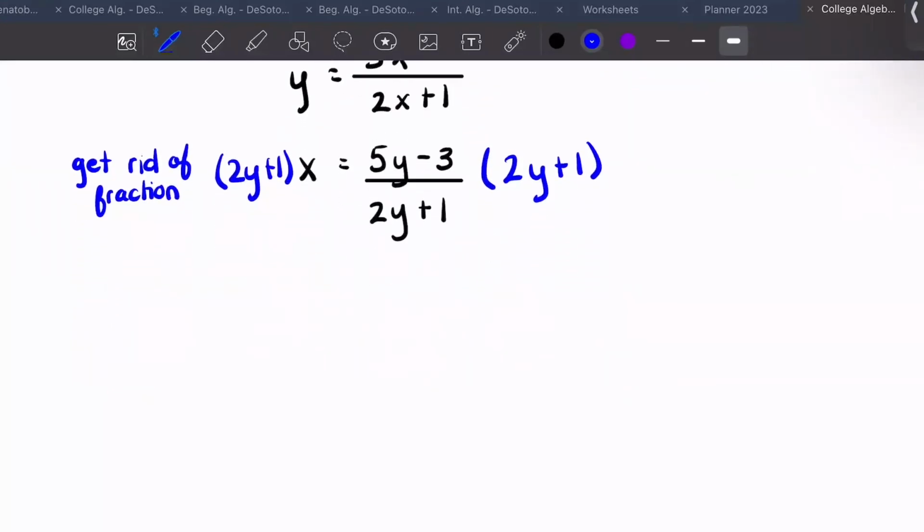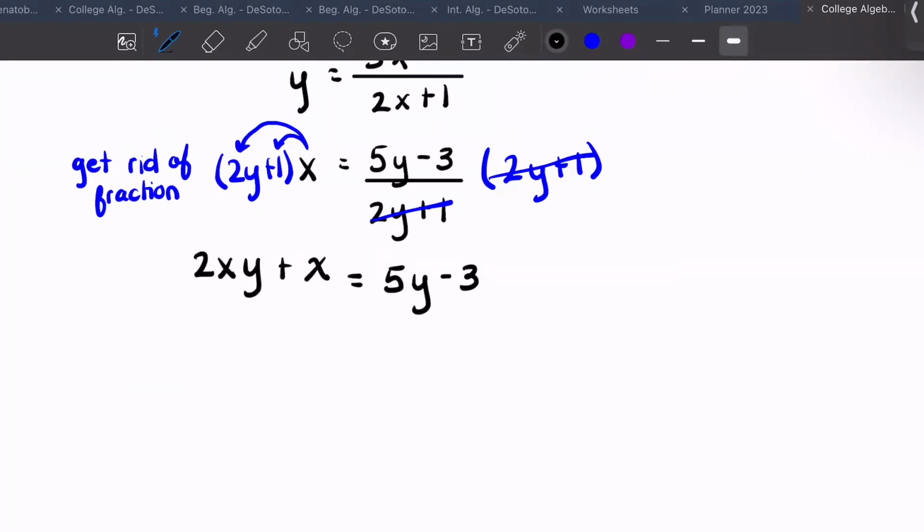And when you do that, these divide to 1. So you just have 5y minus 3 on this side. And then you're going to distribute this x through. You can do that in 2 steps. I'm going to do it in 1. So we have 2xy plus x. Now we don't have a fraction.